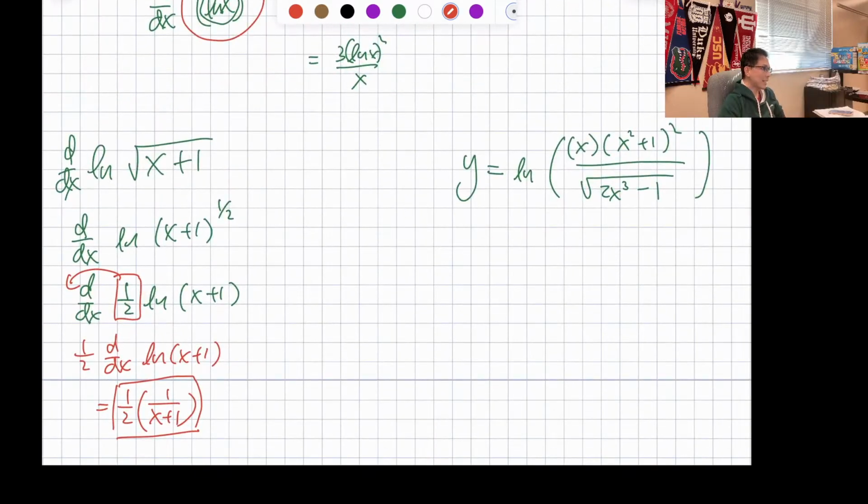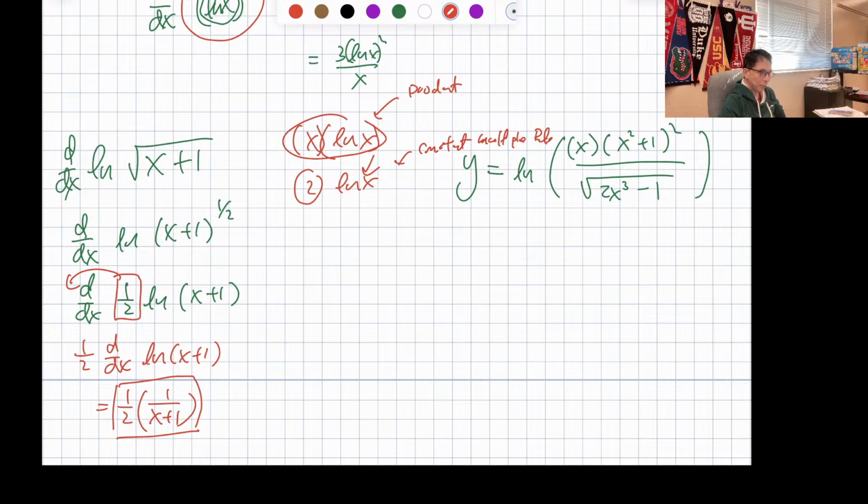Now, some people ask, what's the difference between x ln of x versus 2 ln of x? Well, 2 ln of x, you don't worry about the 2, you just take a derivative of the ln of x, which is 1 over x. But this one is actually not a constant, so you cannot do constant multiple rule. You have to do product rule. So this is a product, and this is a constant multiple rule.